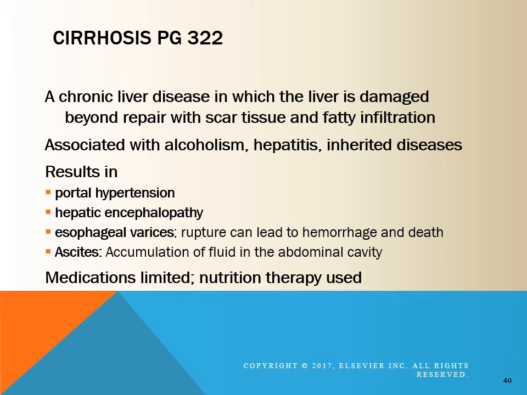A major nutritional problem related to the development of ascites is protein deficiency. Low plasma protein levels contribute to ascites. So we want to make sure that patients are getting adequate protein. Medications are limited and nutrition therapy is used. So like I said, there would be an emphasis on protein for those patients with ascites.